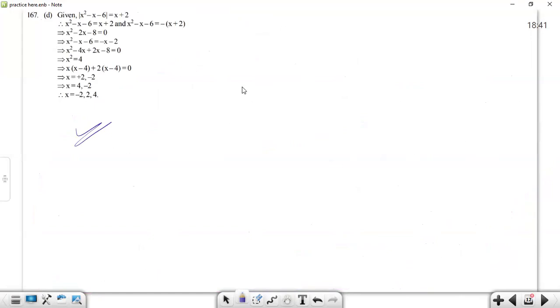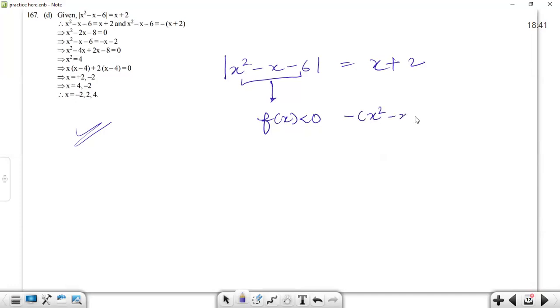So what we have done in this question: we first discussed the nature of the root. Let's call this f of x. If f of x was becoming negative, we modified the equation by taking a negative sign out of the modulus function. If f of x was positive or equal to 0, it behaves the same.